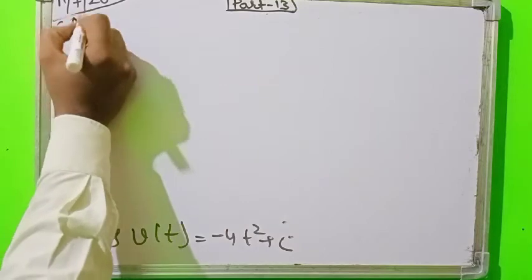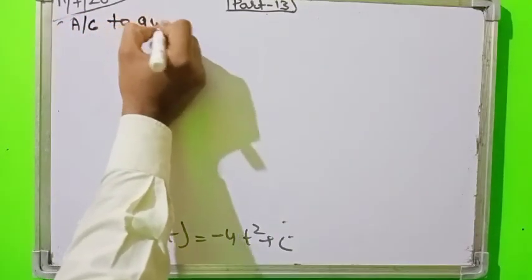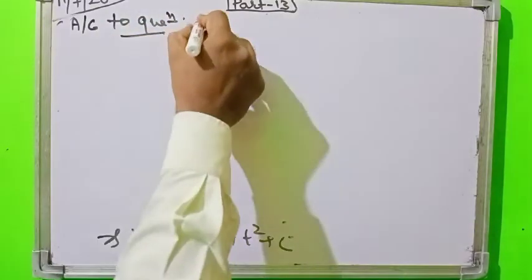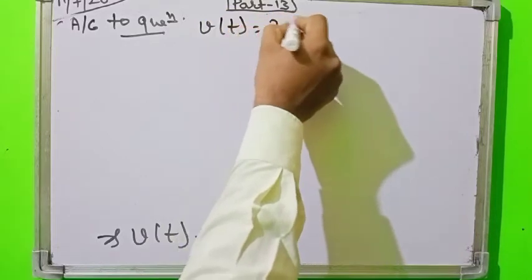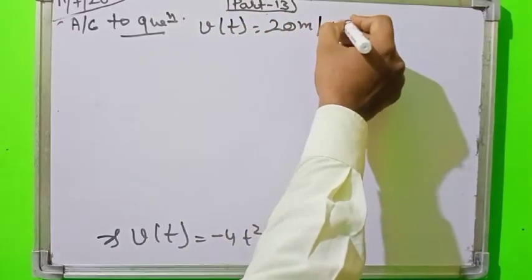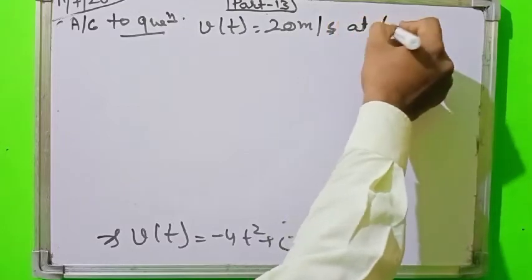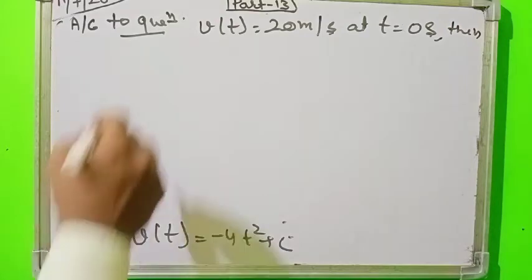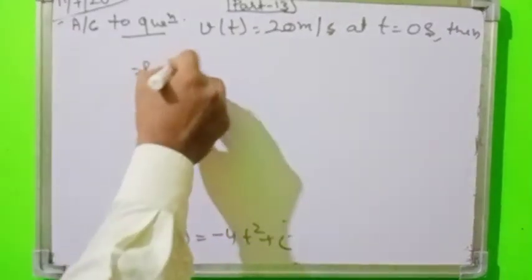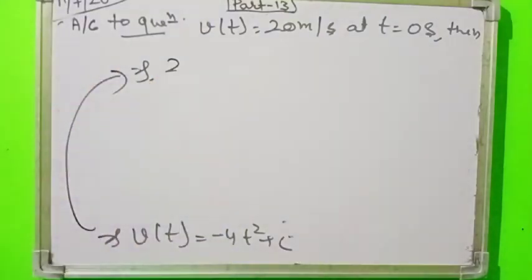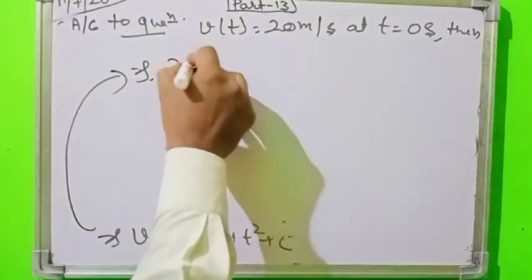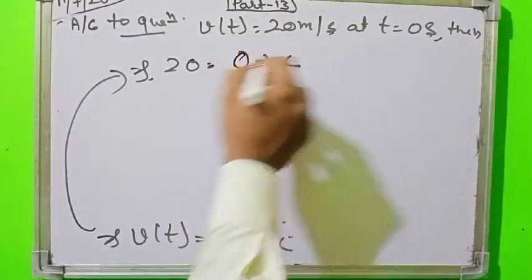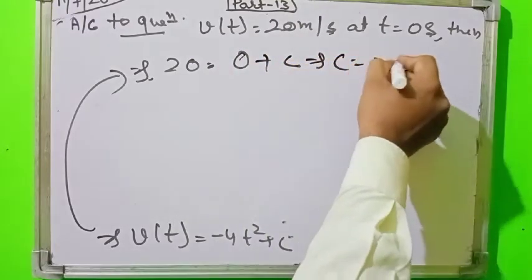According to the question, v(t) is equal to 20 meter per second at t is equal to 0 second, then you can write 20 is equal to, putting t is equal to 0 here, 0 plus c, or c is equal to 20.